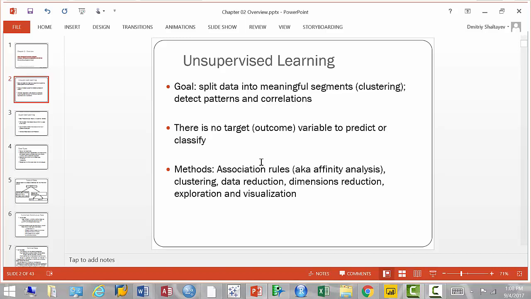Another unsupervised learning method is called association rules. Sometimes it's also referred to as affinity analysis. The bottom line of association rules is what goes well with what else. And we discussed the example with Walmart, right? Walmart tries to see cross correlations, if any exist, between the product sales in their database, and if they see that two items have a positive or negative correlation, for that matter, that means that they either sold together nicely, or if one goes up, the other goes down, right?